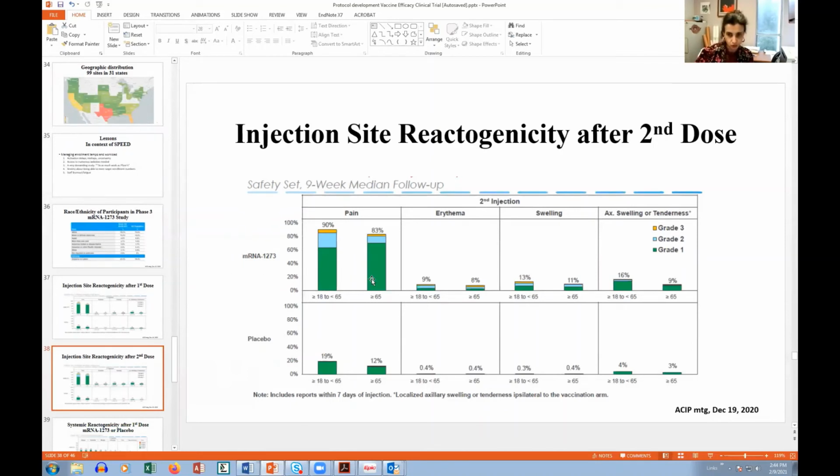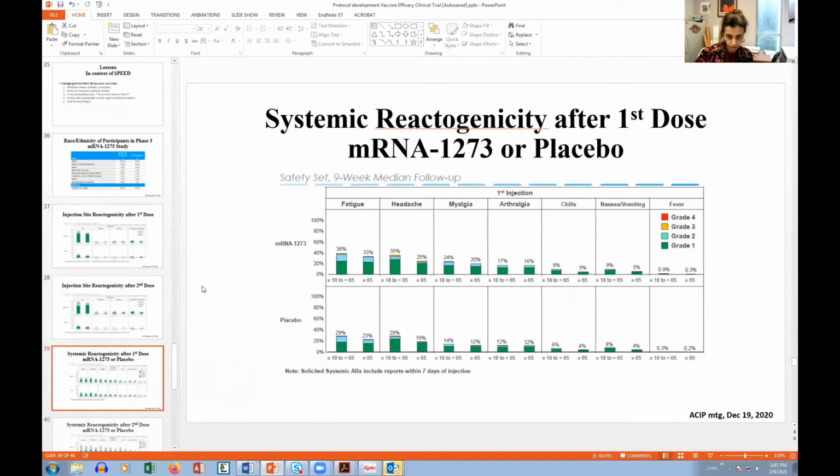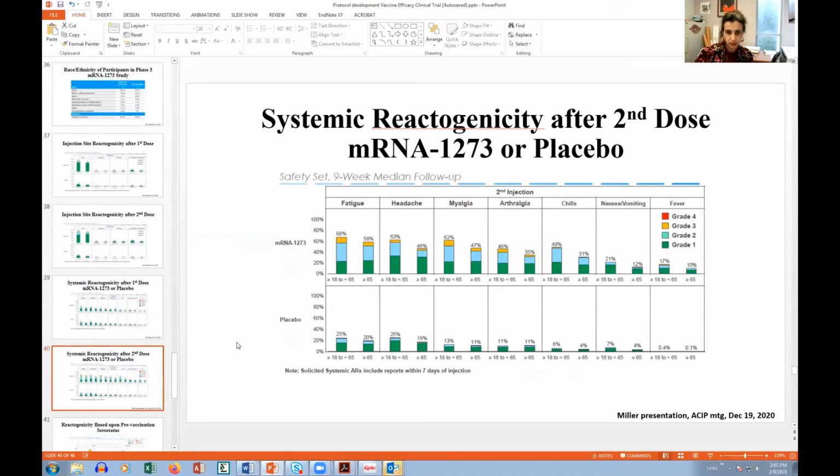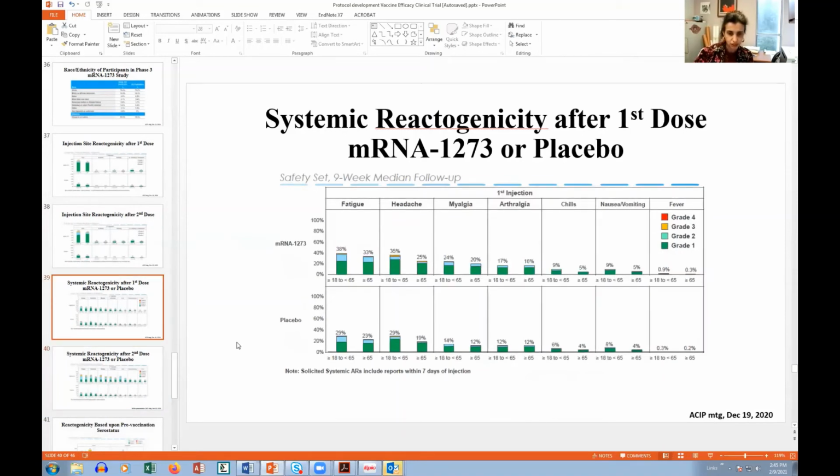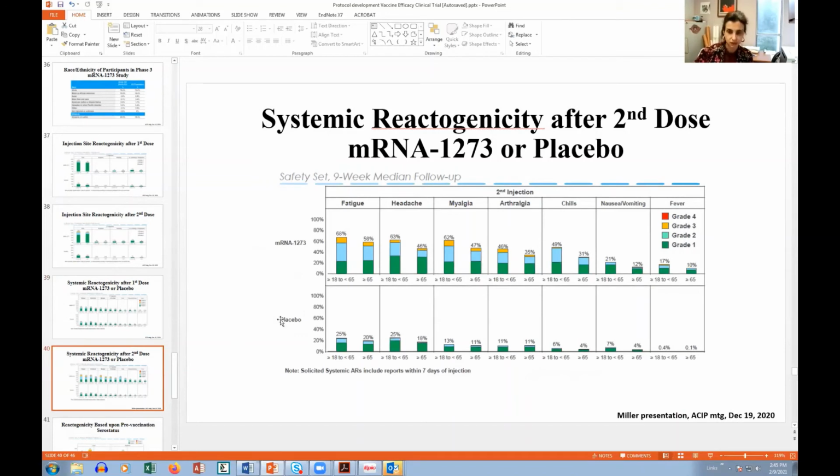And also, we still saw the difference between young and old, in that younger had more reactogenicity. Systemic reactogenicity was also more prominent compared to placebo. And see here, the systemic reactogenicity is what's most increased after the second dose, the majority being fatigue, headache, myalgia, and arthralgia.